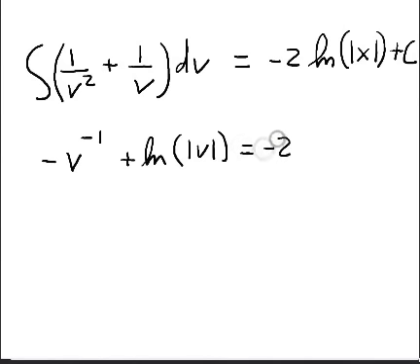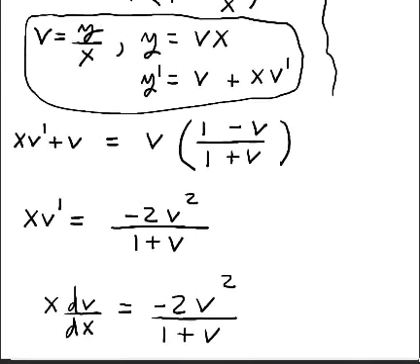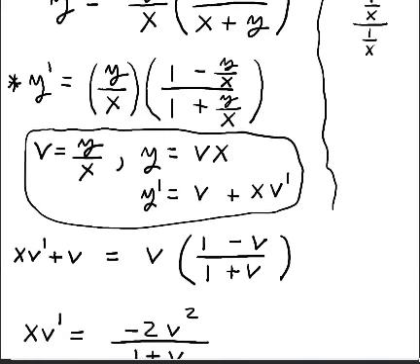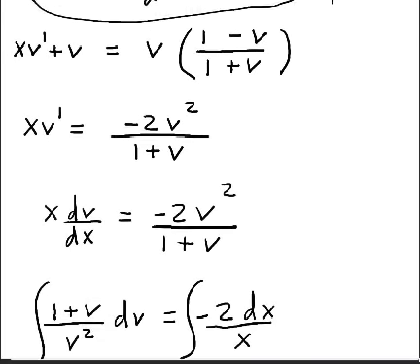Now what we'll do is go back and trace our way back to our original problem involving y. So I'm going to back up here a little bit. You see, when we solved this, we made the substitution, where is it? Right here. We know that v is equal to y over x. Okay, so let's use that.